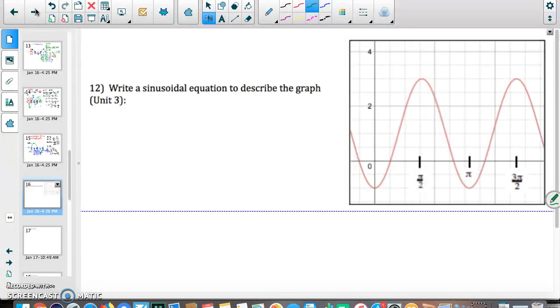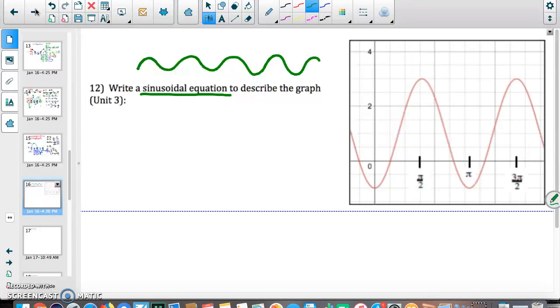Next one here is going from a graph to an equation. So a lot of people, when they see sinusoidal, think, oh, I have to use a sine equation. That's not true. Sinusoidal is a general name for graphs that look like this.